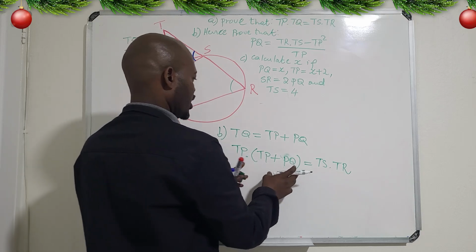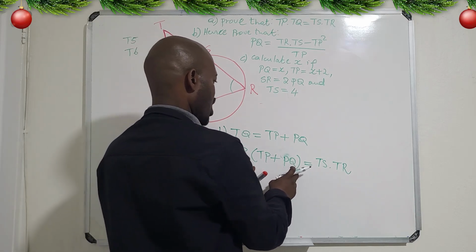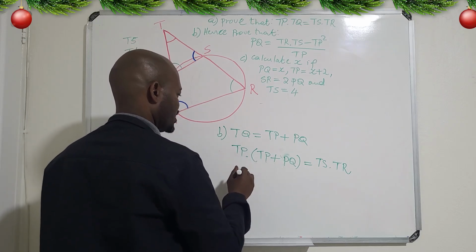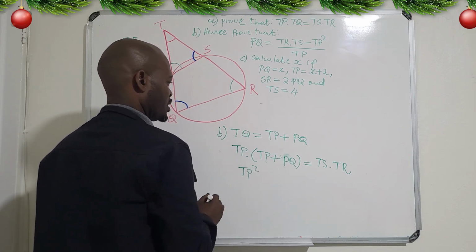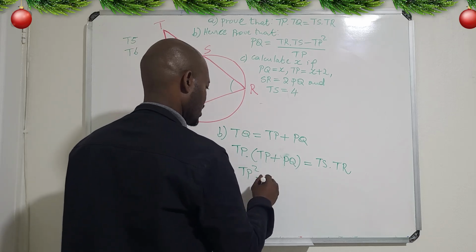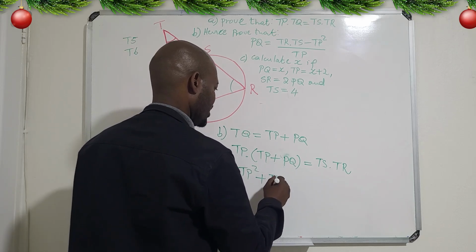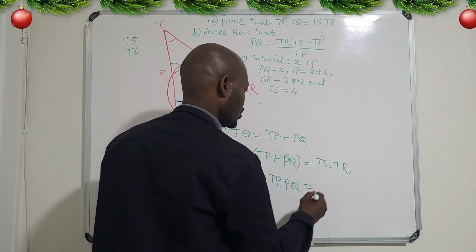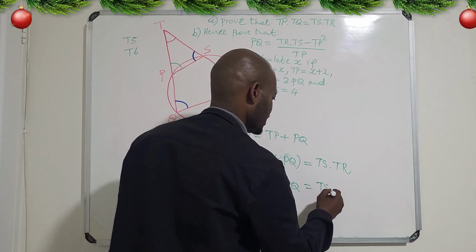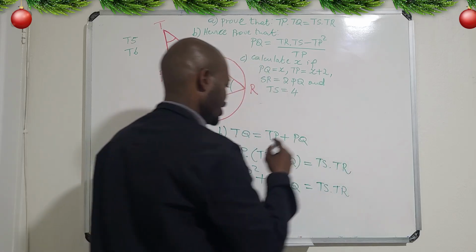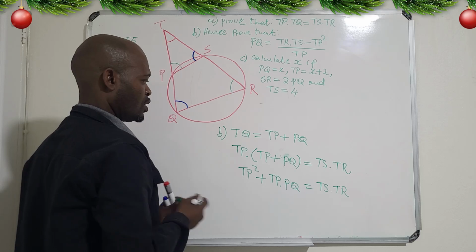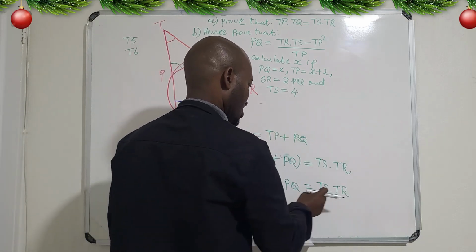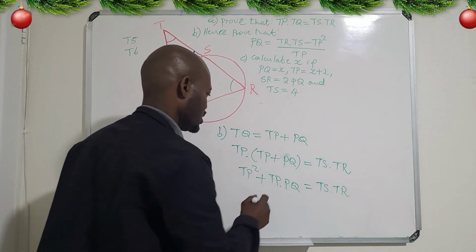Now, we can open brackets because brackets in mathematics mean that we are multiplying. Therefore, this multiplied by that is TP squared. This multiplied by that plus TP times PQ is equal to TS times TR. Now, I want PQ. I must take TP squared to the other side of the equal sign. It's going to become minus.